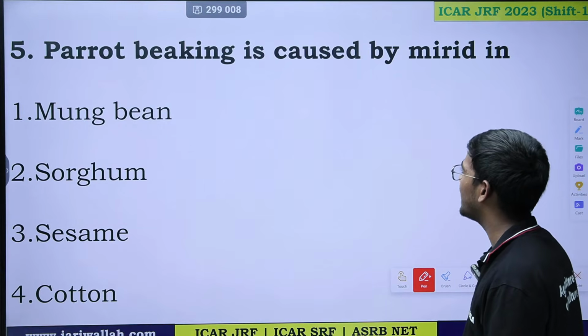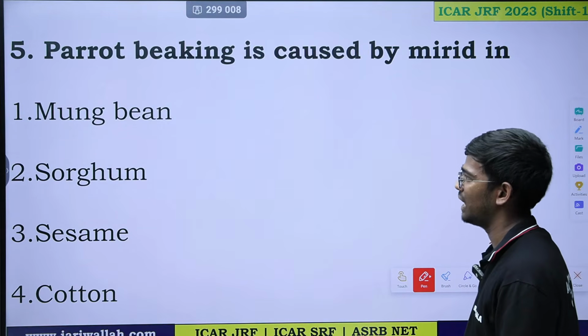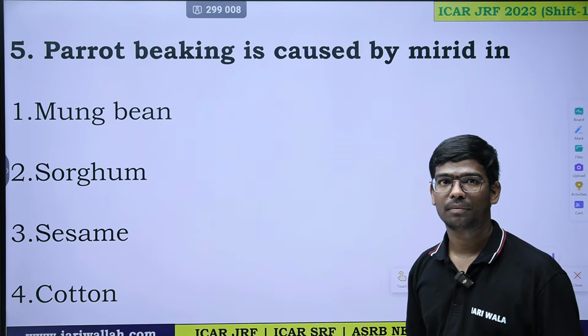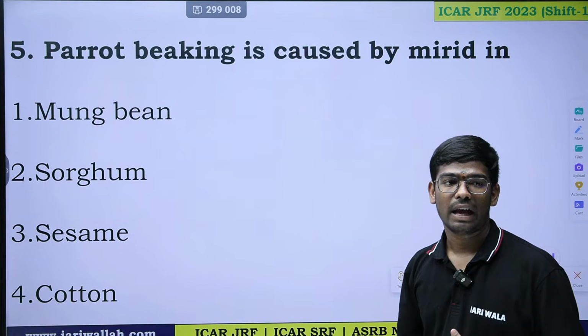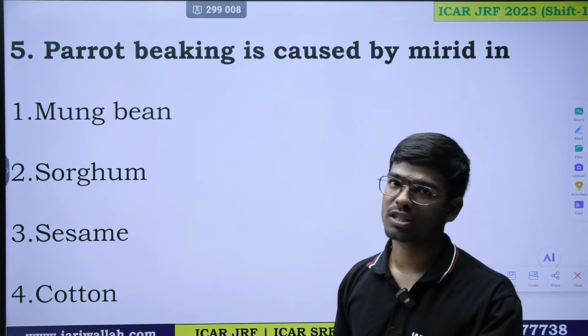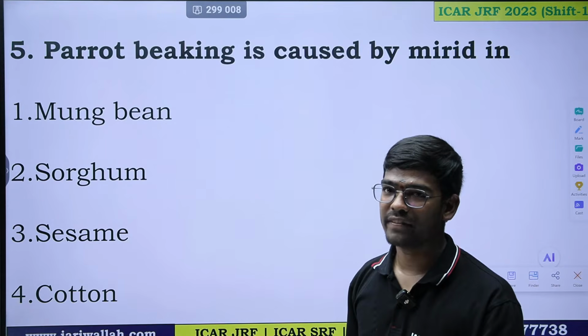Parrot beaking is caused by mirid in mung bean, sorghum, sesame and cotton. In which of the following crop can we see the parrot beaking that is caused by mirid bug? Already we have discussed this.